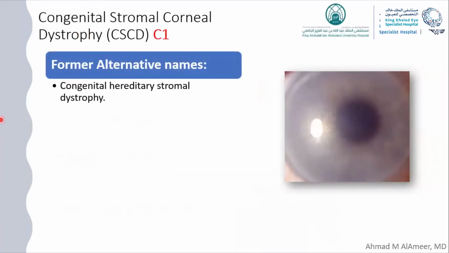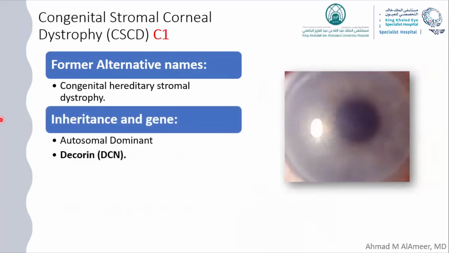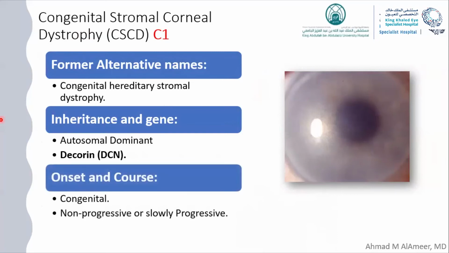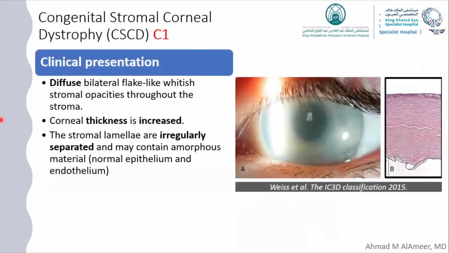Congenital stromal corneal dystrophy. It's autosomal dominant, and the gene is the decorin gene. It's a congenital disease, and it's slowly progressive or non-progressive. You can see diffuse bilateral flake-like whitish stromal opacities throughout the stroma.